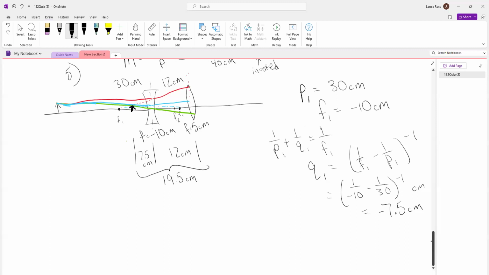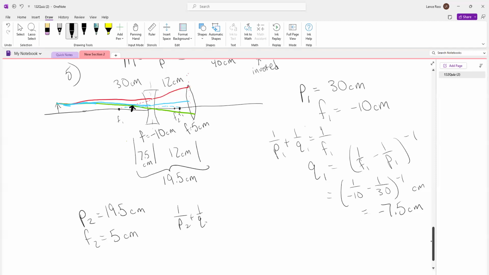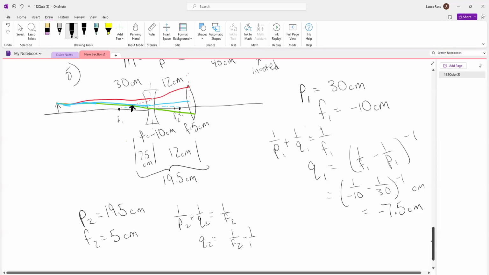So now P2 equals 19.5 centimeters, and focal length 2 equals 5 centimeters. We can then say 1 over P2 plus 1 over Q2 is equal to 1 over F2. Same equation here. So Q2 is going to be 1 over F2 minus 1 over P2, and the inverse.